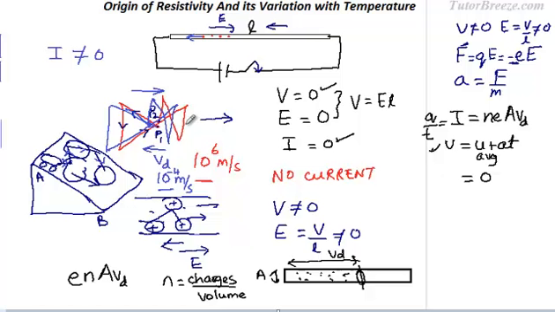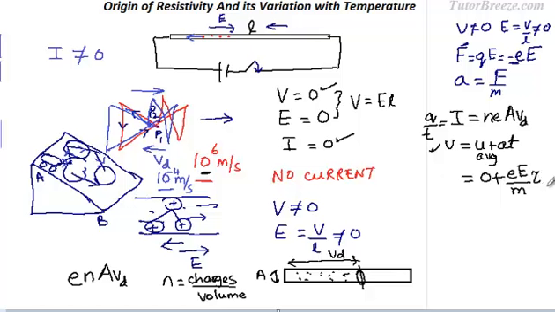They're not moving in any direction, though they have extremely high velocities. So this velocity would be zero. The acceleration is given by F over m, and the magnitude is eE over m, times t.